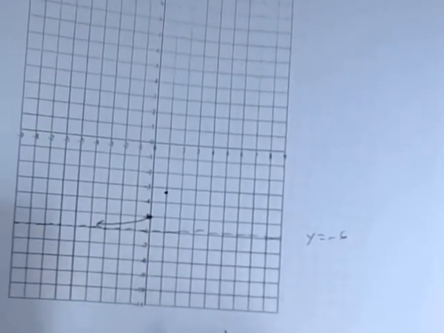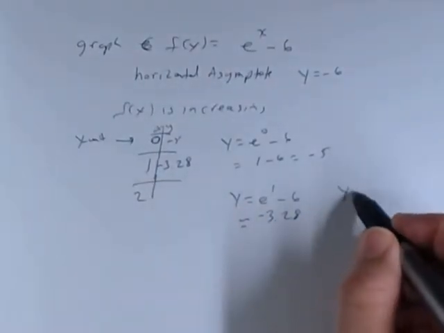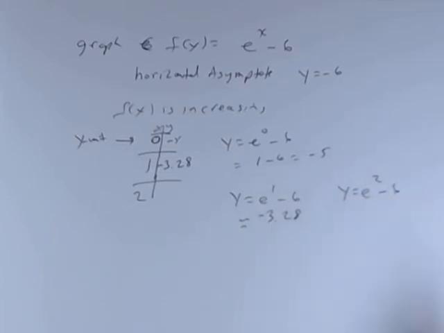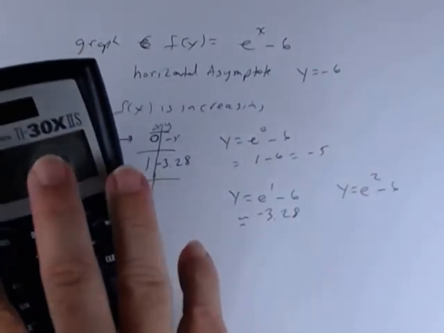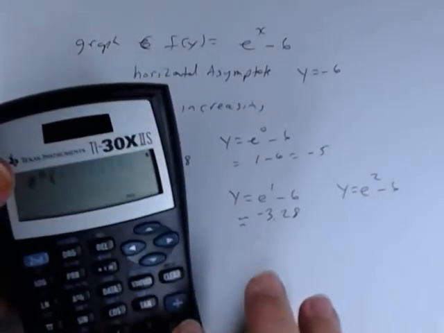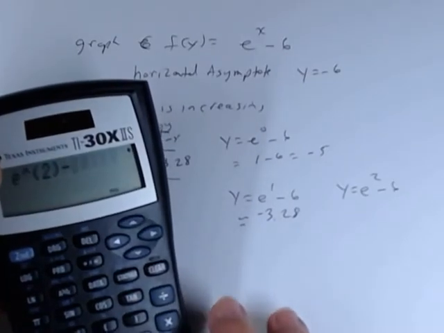Okay, I need one more. Give me another number for x. 2. So I get y equals e squared minus 6. So in your calculator, say e squared minus 6. E squared minus 6 is second, e to the x. So I say e squared, subtract 6.